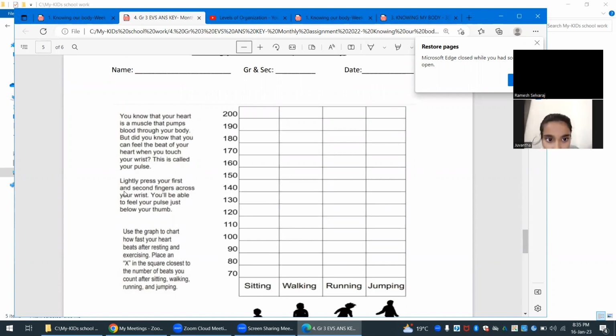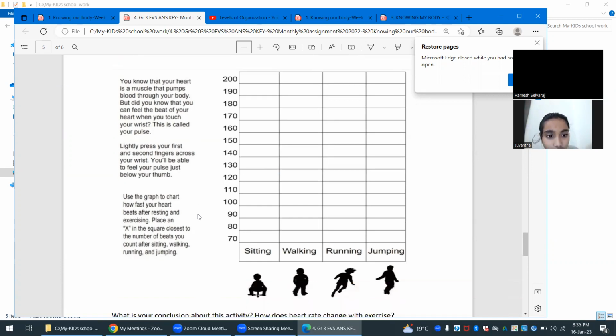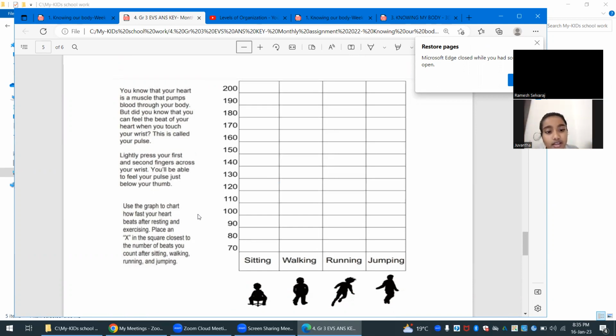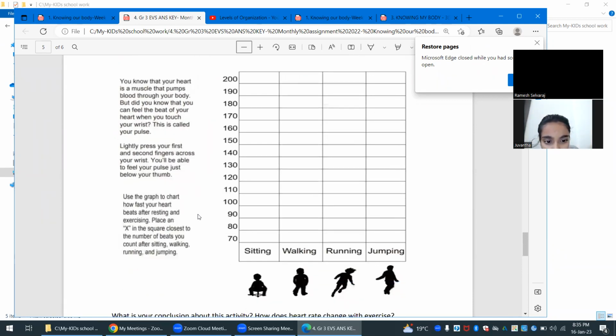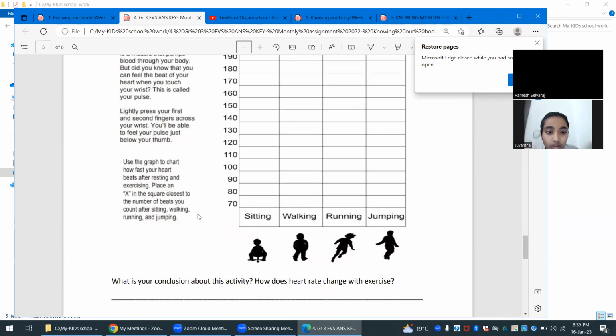Lightly press your first and second fingers across your wrist and you will feel your pulse just below your thumb. Use a graphic to chart how much faster your heart beats after resting and exercising. Place an X in the square closest to the number of beats. Count after sitting, walking, running, and jumping.